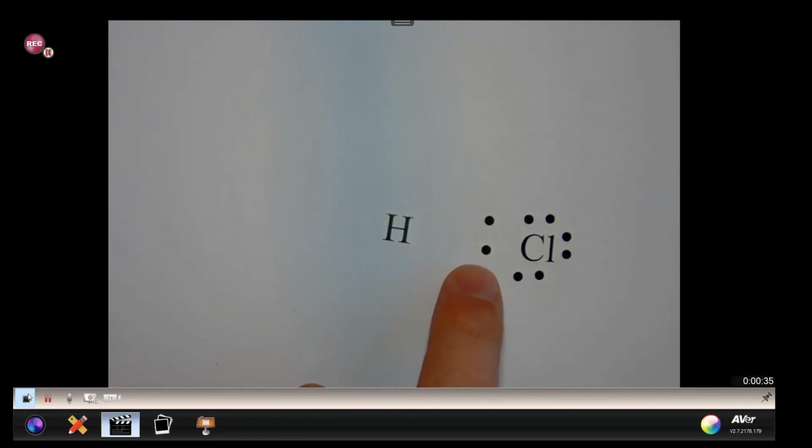These two electrons involved in the bond truly belong to both chlorine and hydrogen. Electrons involved in the bond spend more time around chlorine than hydrogen.